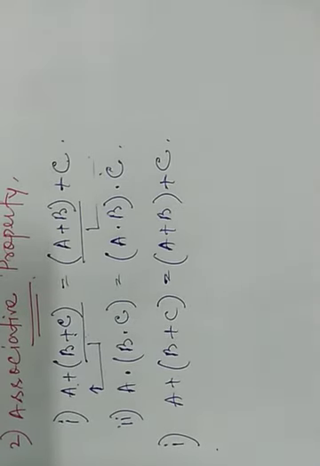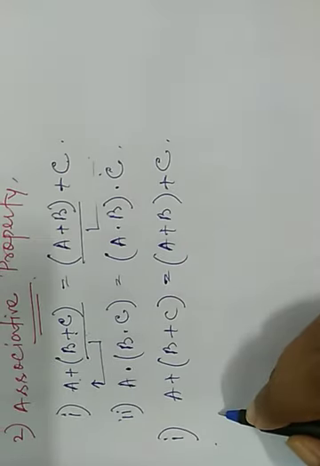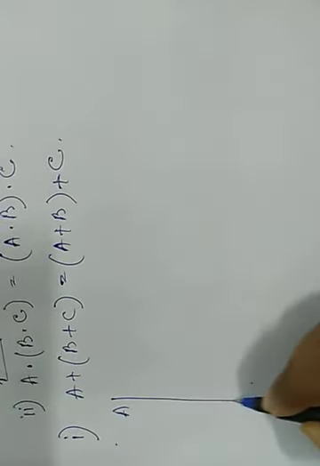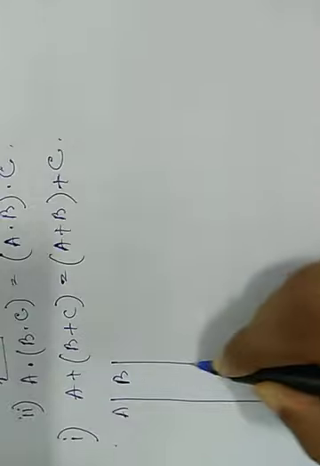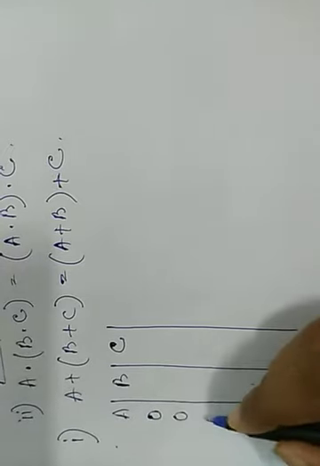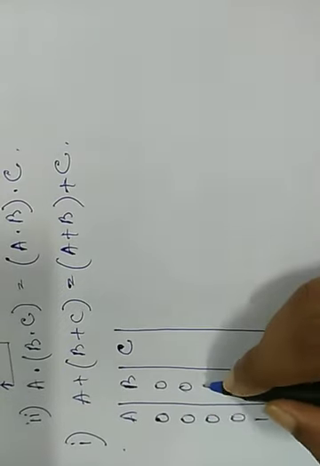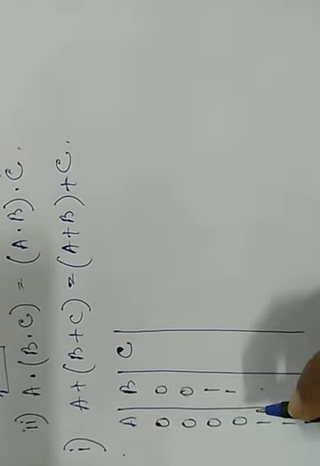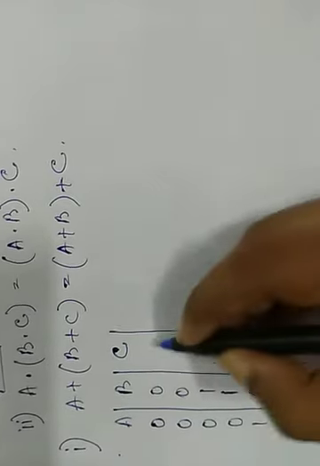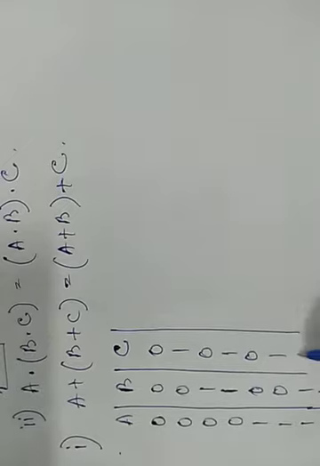In a single table I have to make three variables, A, B, C. That means 4 zeros, 4 ones for A, then 2 zeros, 2 ones, 2 zeros, 2 ones for B, and 0 1 0 1 0 1 0 1 for C.